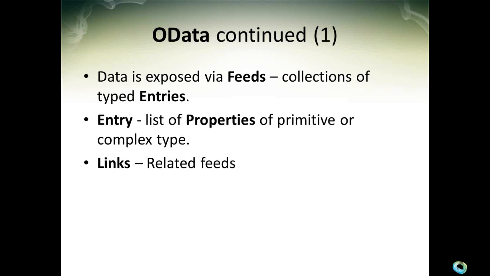So let's say one product has many suppliers, and the supplier is a complex type. So probably we will have a link from product to suppliers. And the OData feed has a links element which contains the related feed.